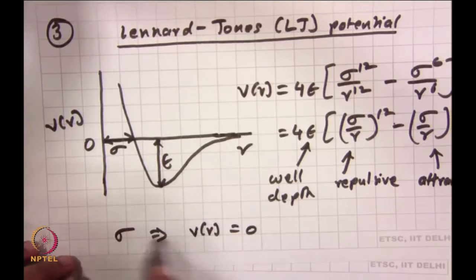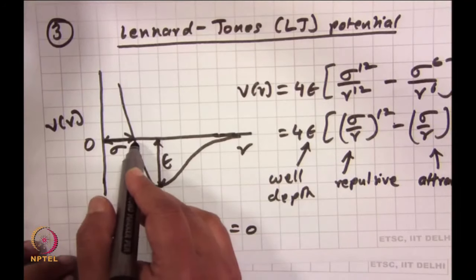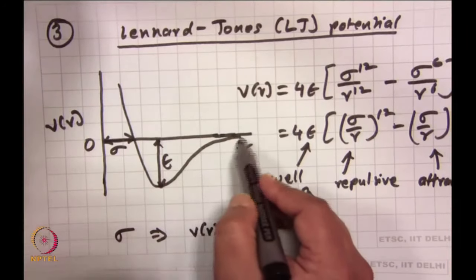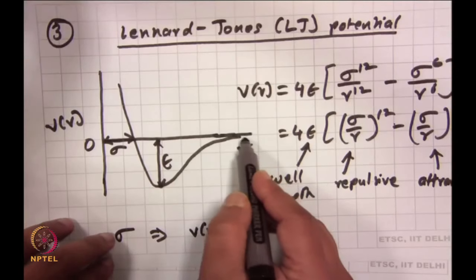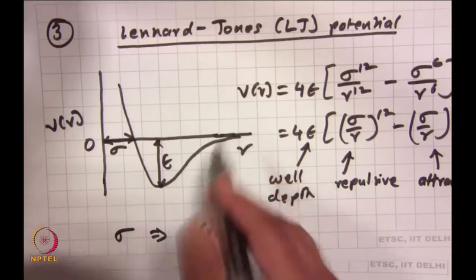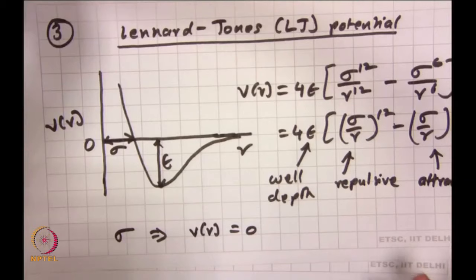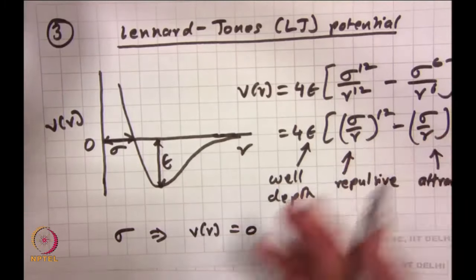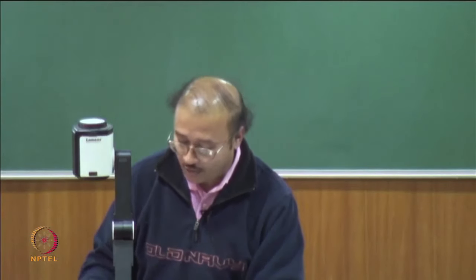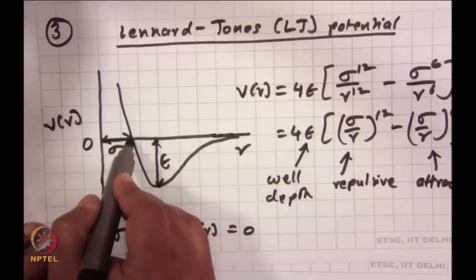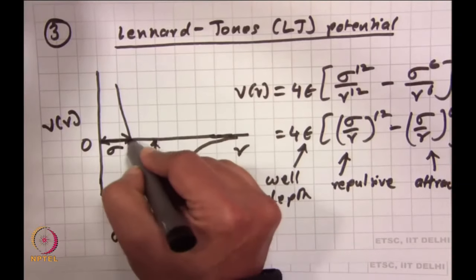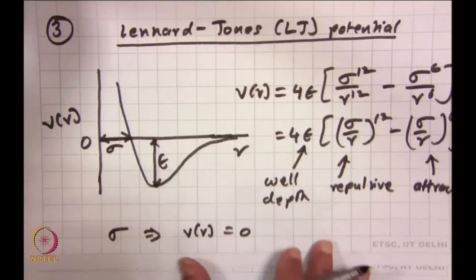Now, do not consider the fact that if you come on this side where r is very high, your V of r is also 0, because there is no interaction, but do not consider that point, it is no use. The way it is defined is, if you come here, this is the point where V of r is equal to 0.